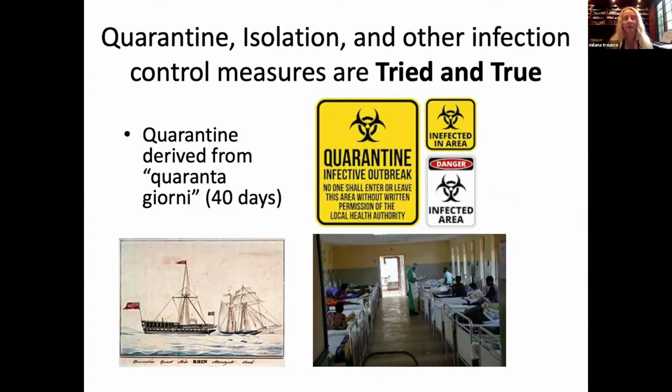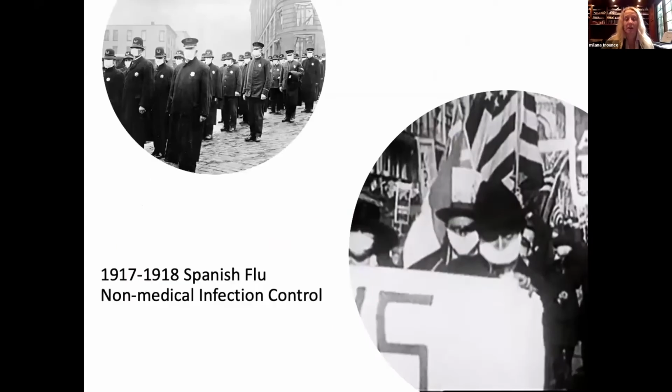Quarantine is derived from the Italian word quaranta, referring to the fact that back during the plague outbreak, ships were required to stay at sea for 40 days before being allowed offshore. And by that time, people who were meant to die would die, and people who survived were no longer infectious. So this is exactly one of the methods which was used to control the Spanish flu pandemic.